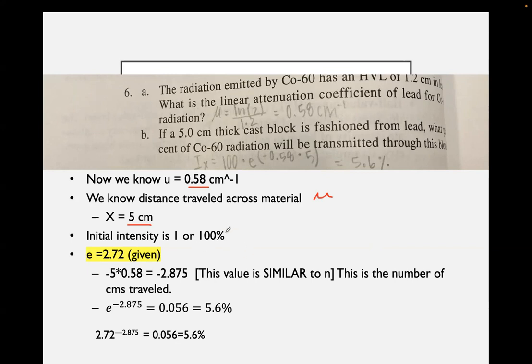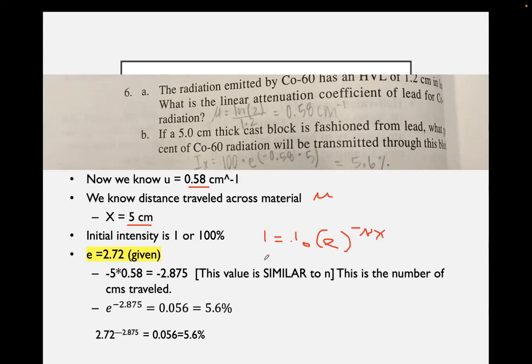Okay, so we can put that in our formula, which is I equals I nod times e to the negative mu x.